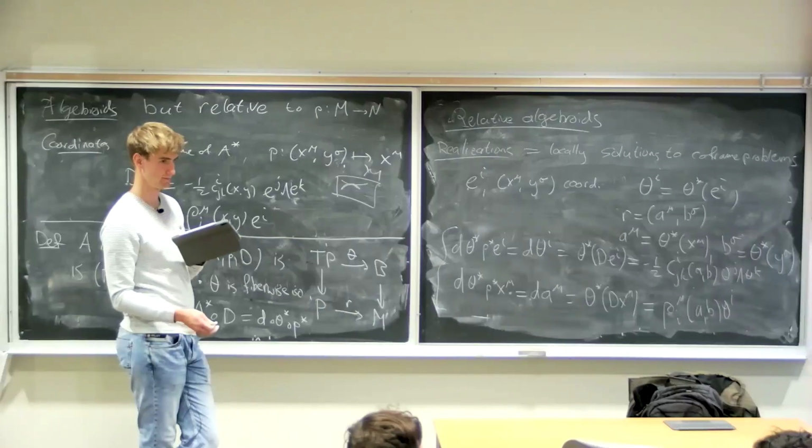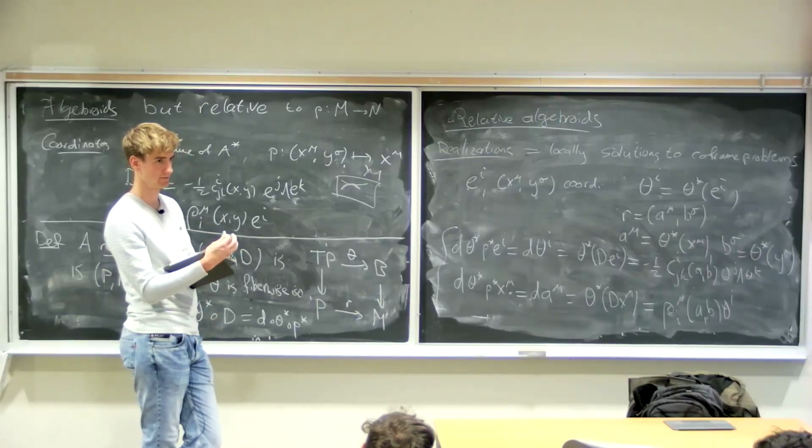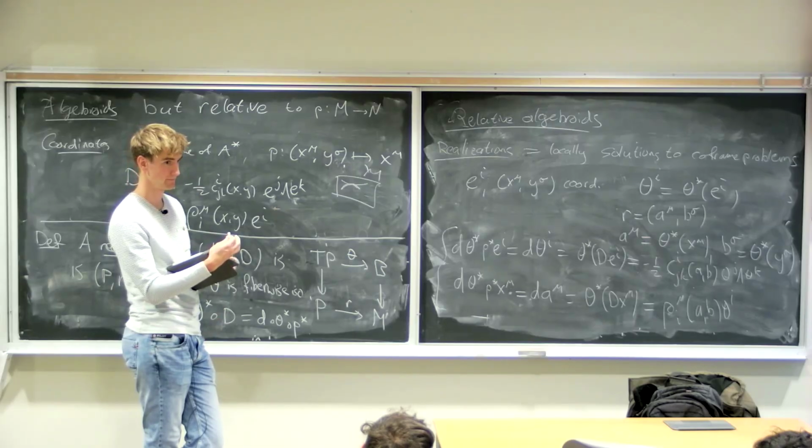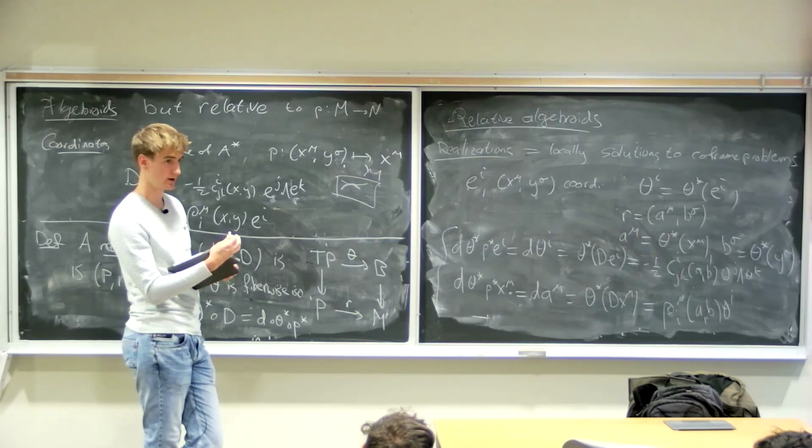So in the Lie algebroid case, the Lie algebroid becomes a tangent bundle. In the relative case, it becomes what? I think it also becomes a tangent bundle, the tangent bundle of P. This is what you mean when you say that P has an isomorphism. If you're saying it just becomes a tangent bundle, I don't think that's different for relative algebroids.